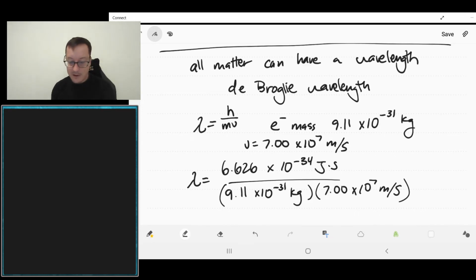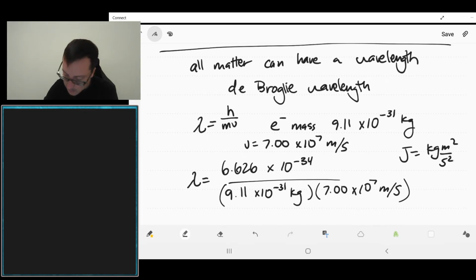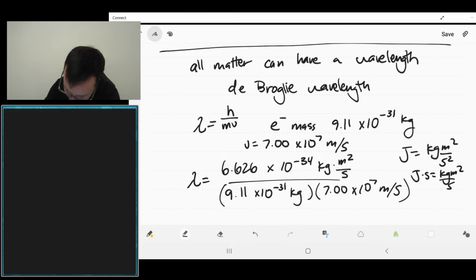One thing to note: a joule is a kilogram meter squared per second squared. So joule times second is kilogram meters squared per second. Unit-wise, we're not going crazy here. Kilograms cancel, meters per second cancels the second and one of these meters, so we're left with meters as our answer.